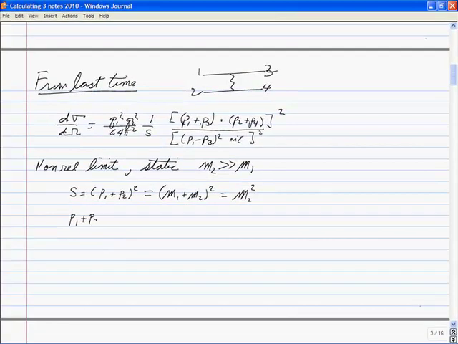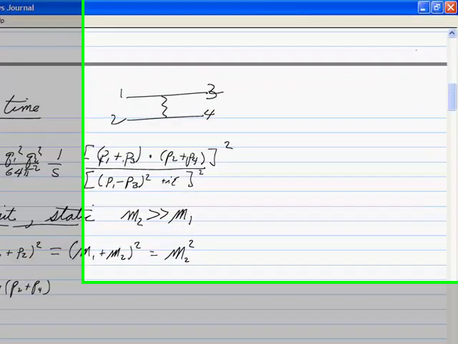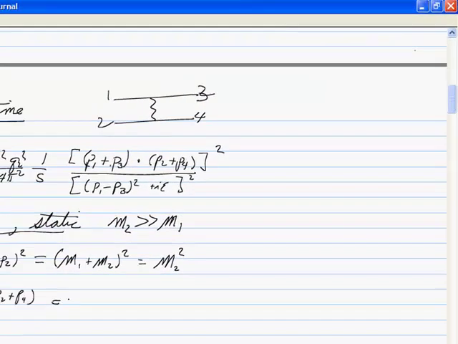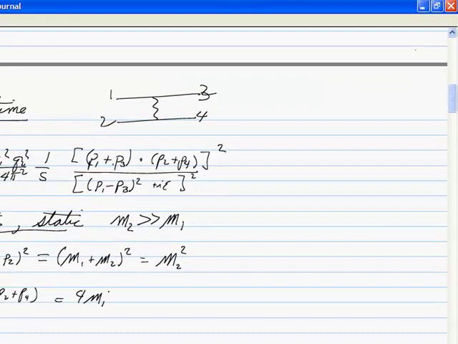P1 plus P3 dotted into P2 plus P4. Again, in the non-relativistic limit, this guy is light compared to that guy, and the masses dominate. So this just turns into 4 m1 m2.